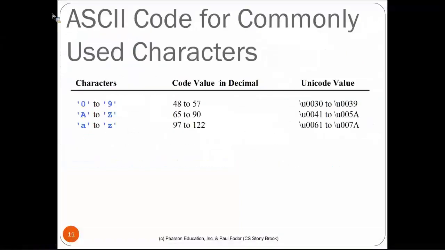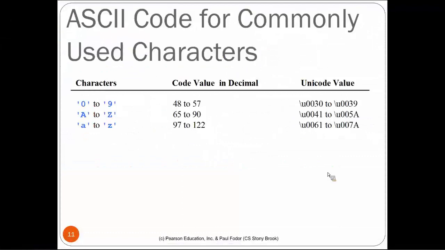The ASCII codes for commonly used characters are 48 to 57 for digits, from 0 to 9, 65 to 90 for characters from uppercase A to uppercase Z, and 97 to 122 for lowercase a to z.